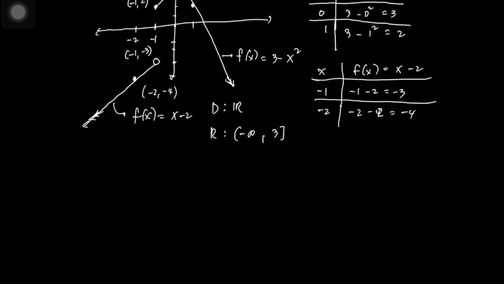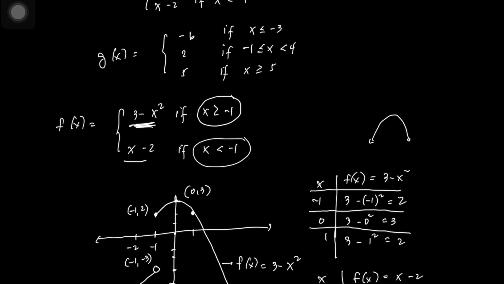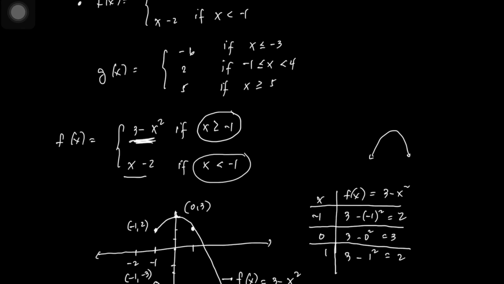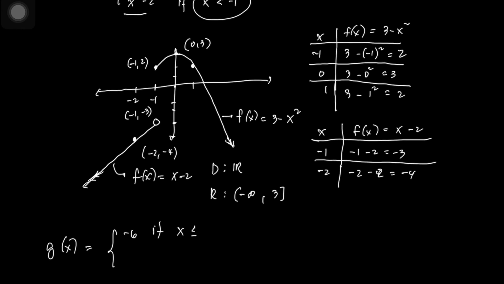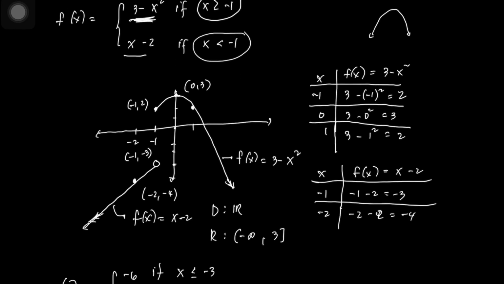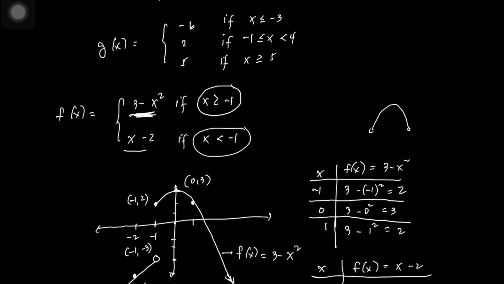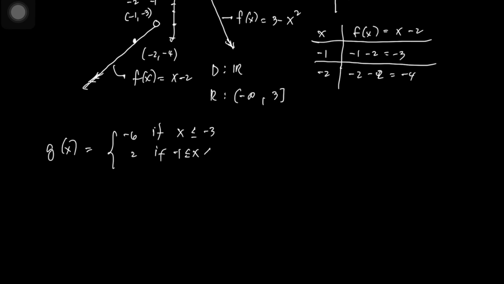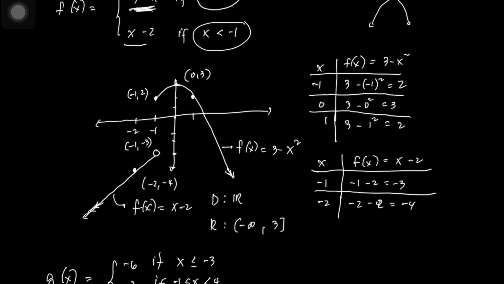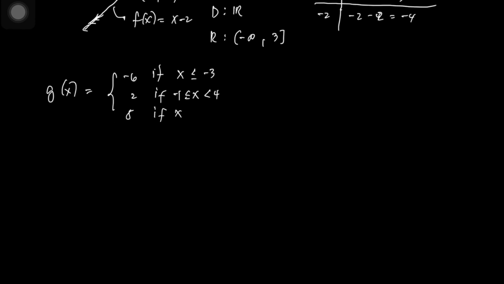How about the second graph, the second example? g of x is equal to -6 if x is less than or equal to -3, then 2 if x is located between -1 and 4, then 5 if x is greater than or equal to 5.